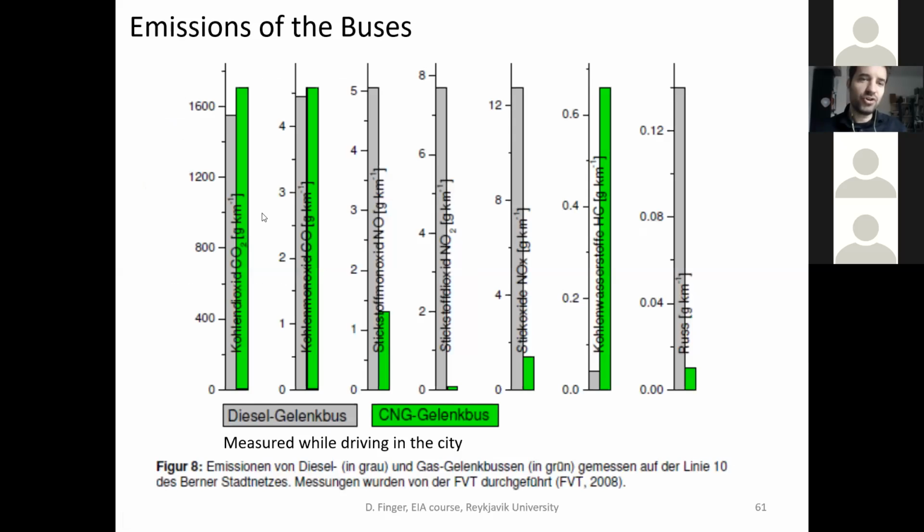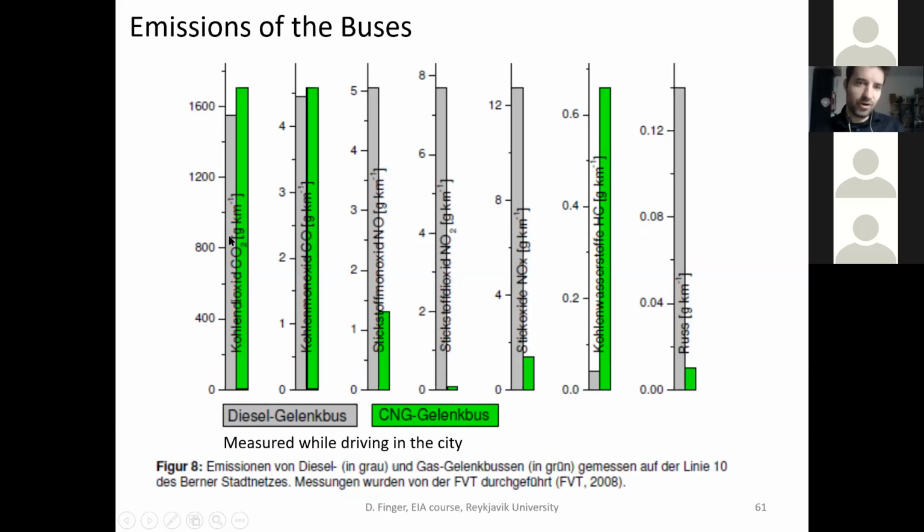We measured under lab conditions the CO2 emissions, the carbon monoxide emissions, nitrogen oxide emissions, the volatile organic components, or the carbon hydrogen emissions, and the fine particle emissions, and compared the same size bus, once a diesel bus and once a natural gas bus.